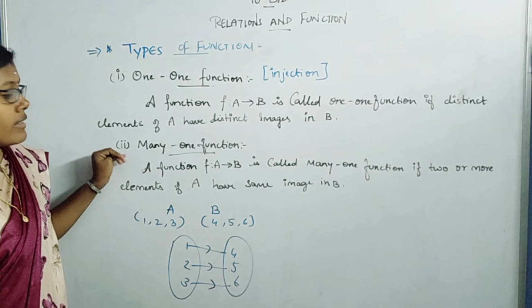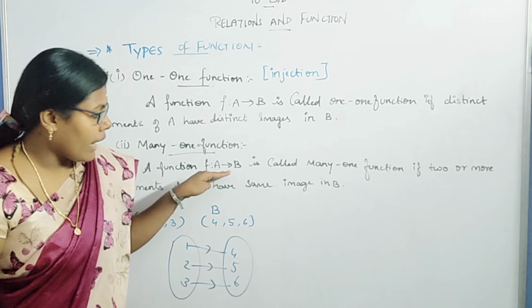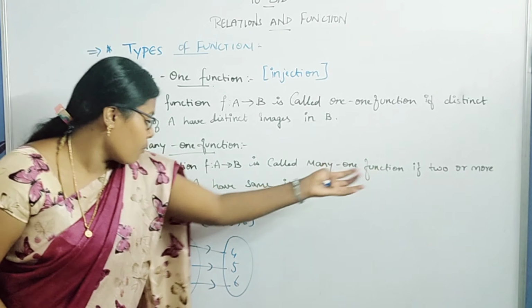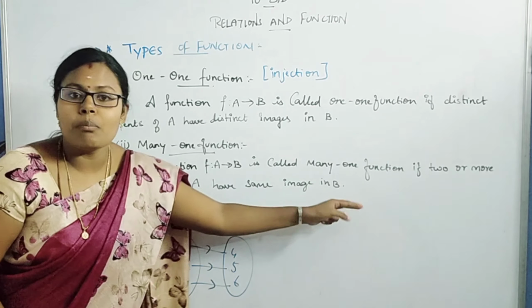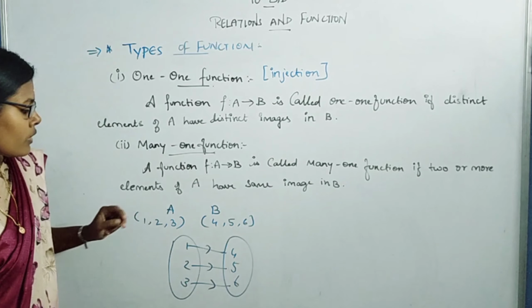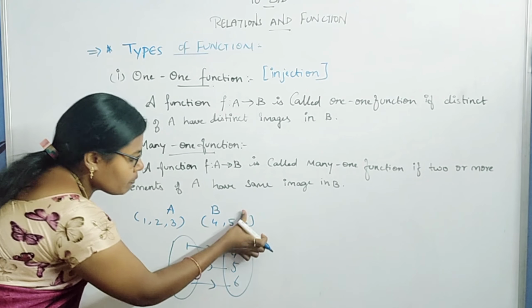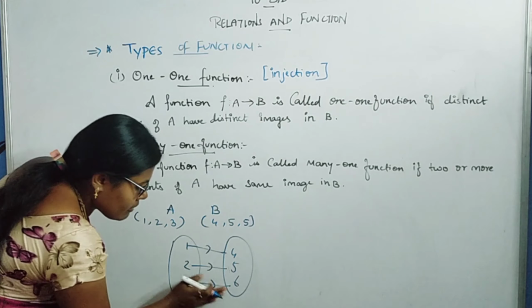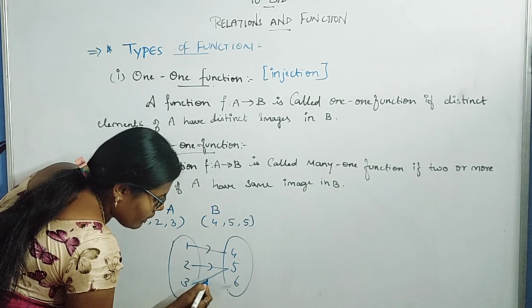That's it. So next is many-one. A many-one function is a function f from A to B that is called many-one if 2 or more elements in A have the same image in B. Suppose you have 3, and for 3 also the image is 5. There is no 6 here.